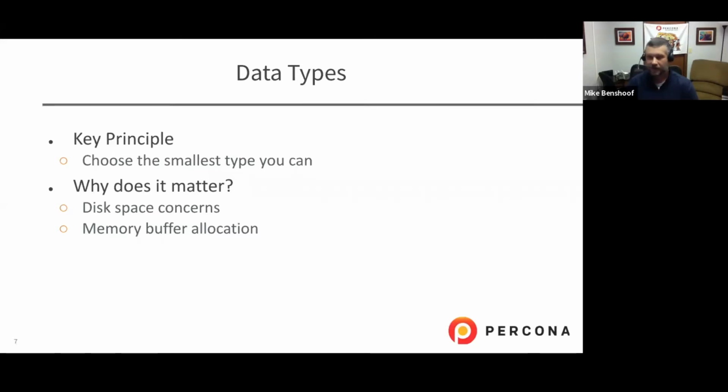When we do query operations and when we are executing queries, if things need to be put into temporary tables, as pages are loaded into the buffer pool, these are all impacted by the size of the data types that we choose. And each data type has a different size, right? So choosing the smallest one is going to be of the utmost importance.